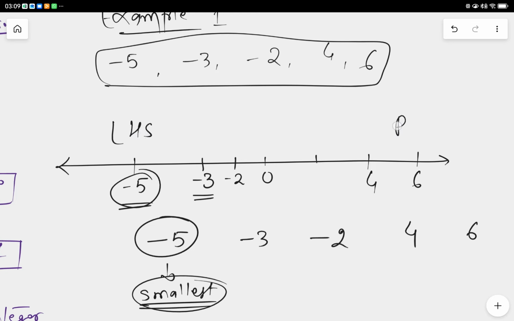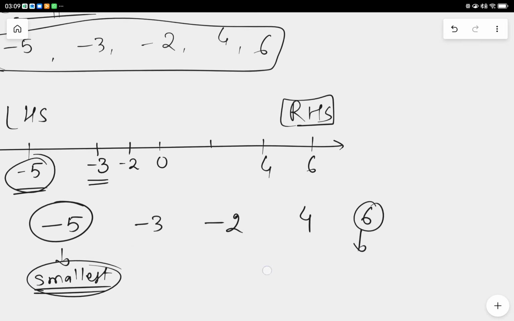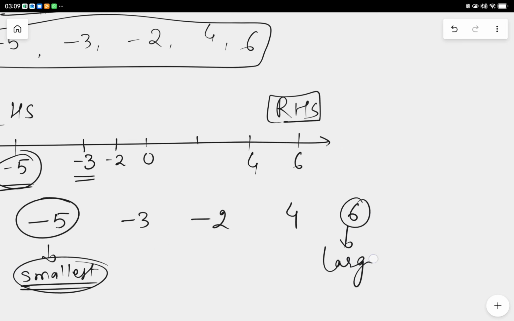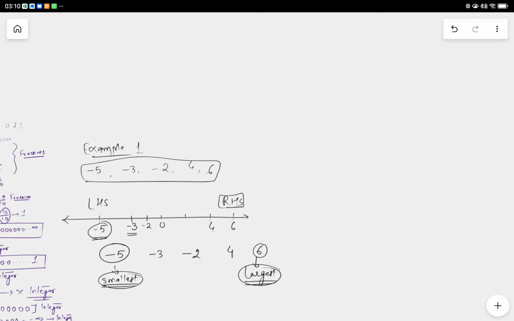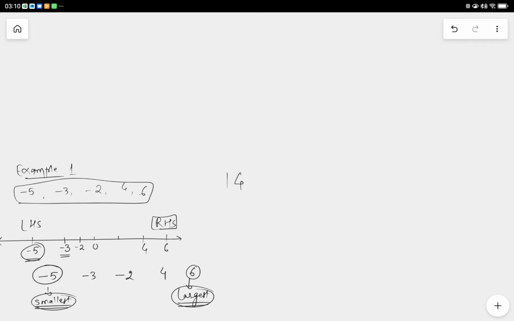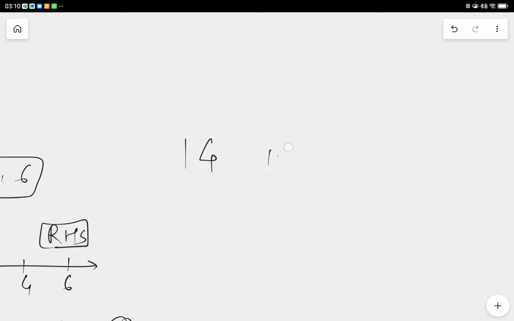On the most right hand side, whichever number it is will be the largest one. Hence, if anybody gives you any numbers, let us take a second example: 14, 16, -1, 7 and -7.